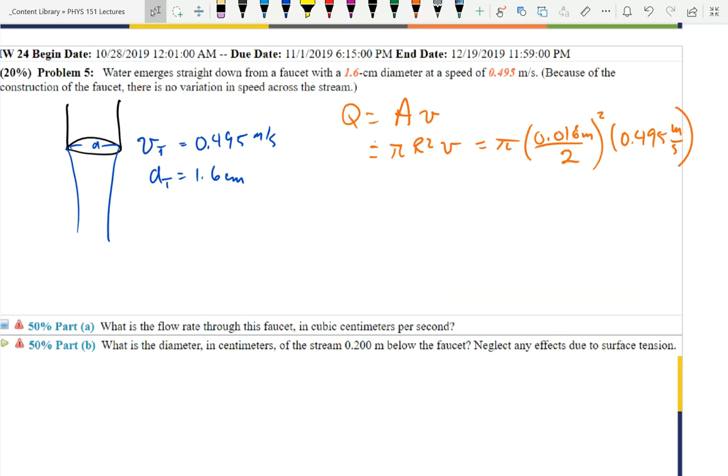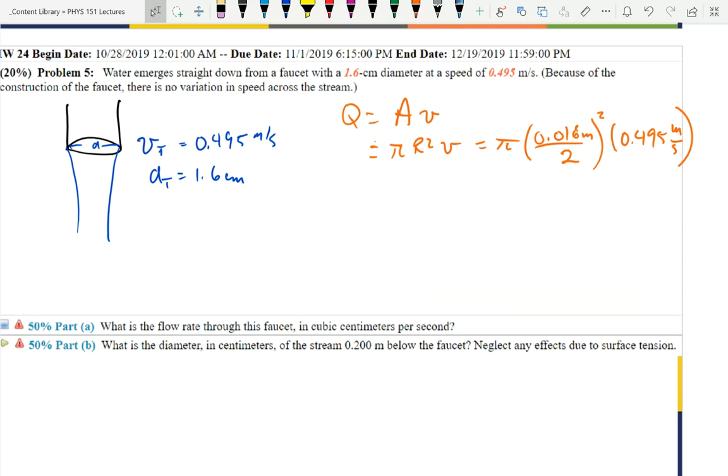But what we really care about is what happens to the water as it falls. It speeds up, and because the flow rate must remain constant, it must shrink down in diameter. So you have the same flow rate at a higher speed.